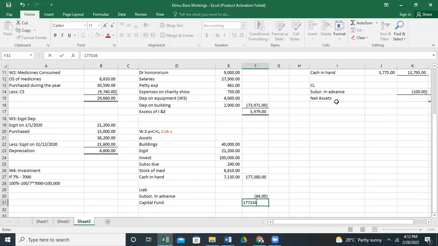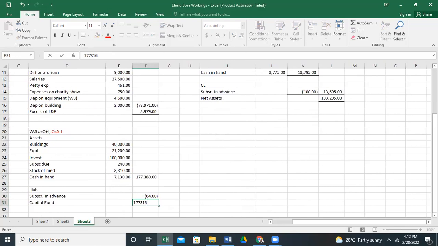So I'll come here to the balance sheet, or the statement of, I don't want to forget that figure. Let me write it here, 177,316. So this is my capital.